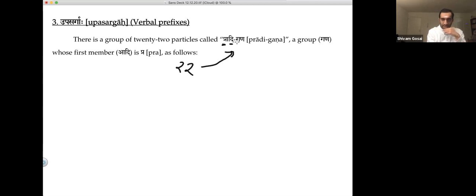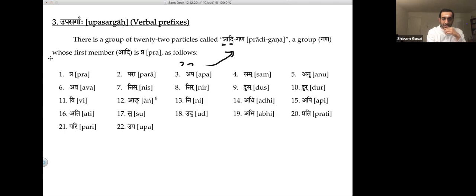Adi gana. So the group, gana means group. Adi, beginning with pra. So if you look at this chart, group beginning with pra. You see the first one is pra. That's why it's called pradigana. Okay? So this group of 22 little things is what we call pradigana.